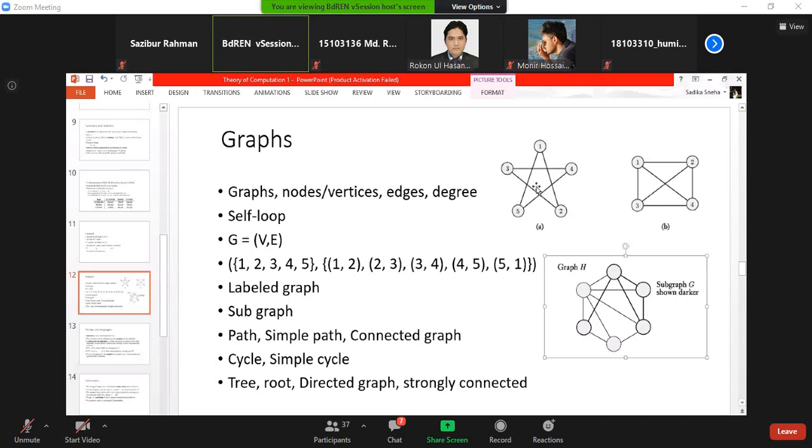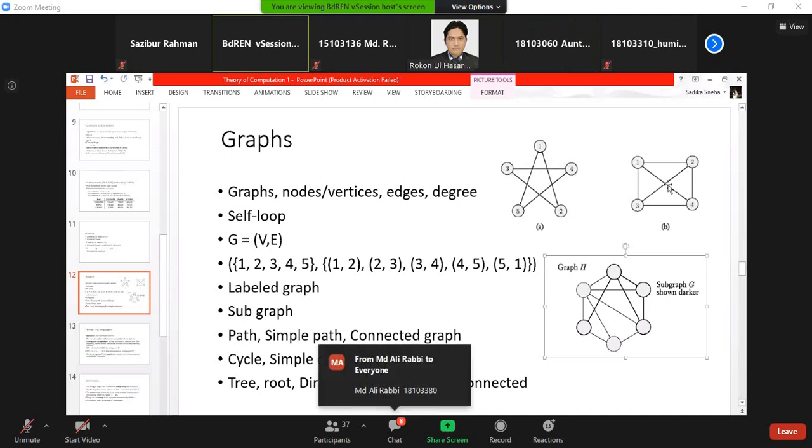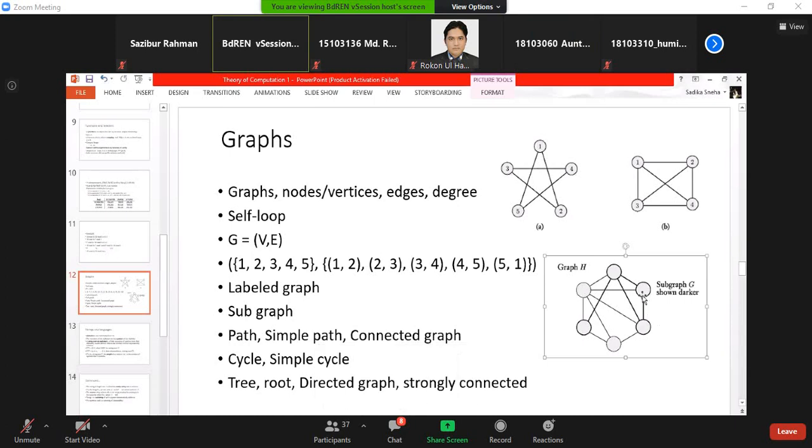Here it is 2, because there are two edges. What is the degree of 1 here? It's 3. And here it is 4. Each one has a separate value: this one has 4, this one has 3, and this one has 5.